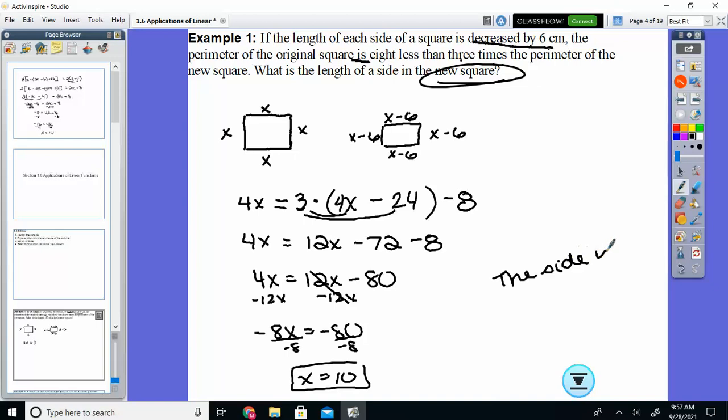So the side in the new square is 4 centimeters. Any questions there?